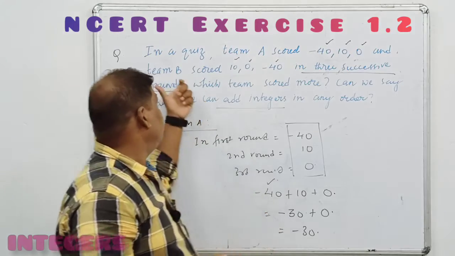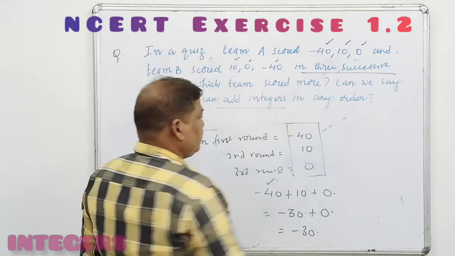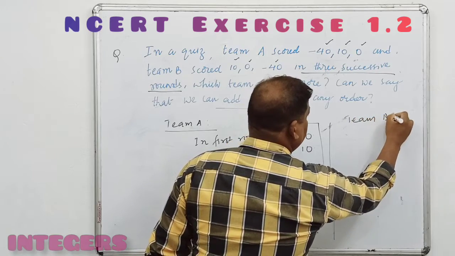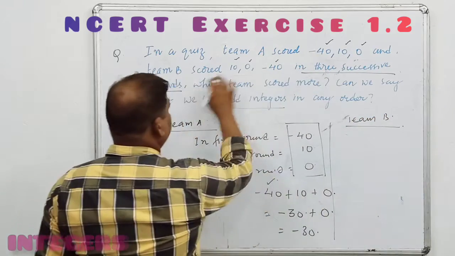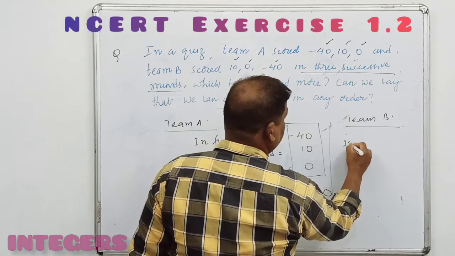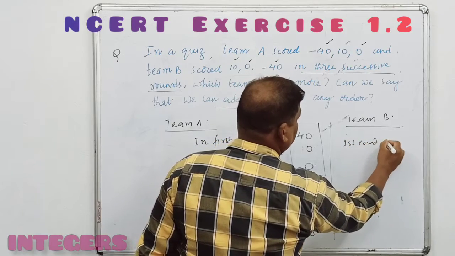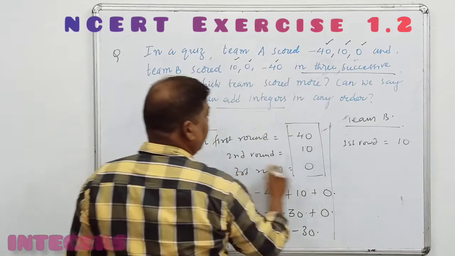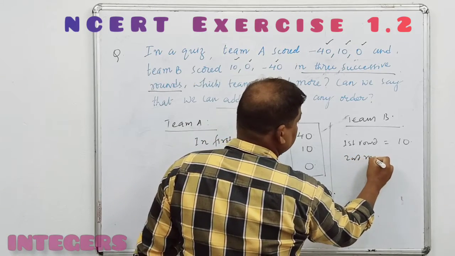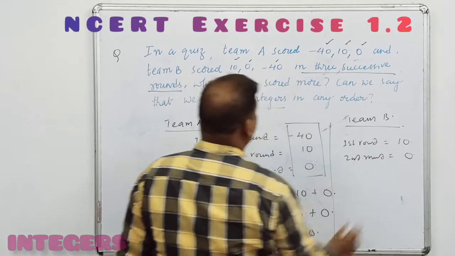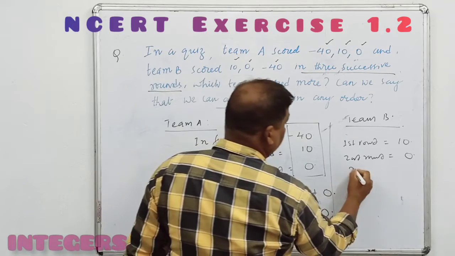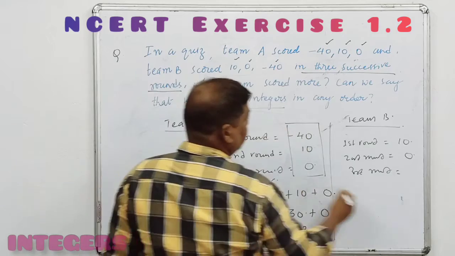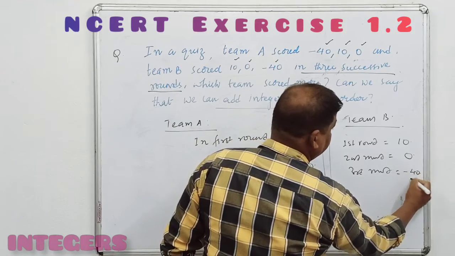Now we will see in team B. In team B, first round scored 10 points. In second round scored 0 points. In third round scored, that is minus 40.